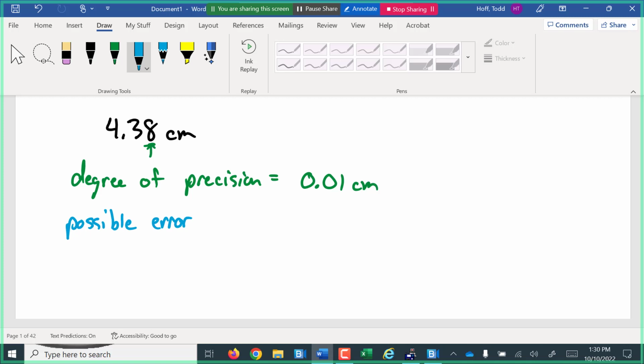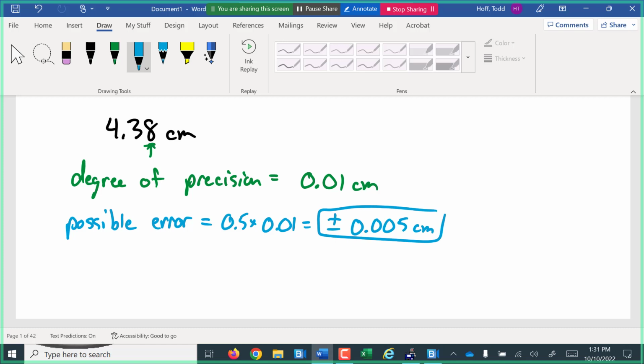So the possible error of that measurement, what's 1/2 or 0.5 times 0.01? Well, it's 0.005 centimeters. So our error is plus or minus 0.005 centimeters.